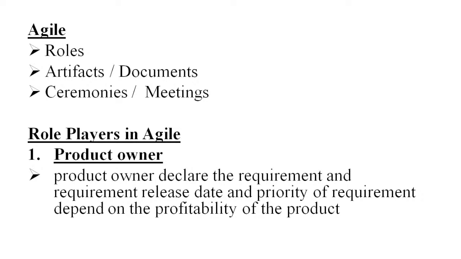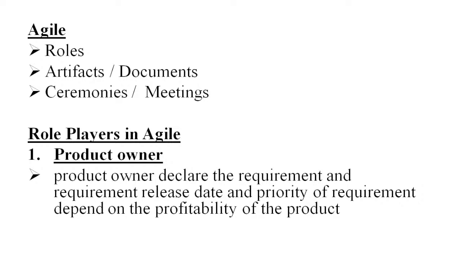The product owner can declare the requirement, the requirement release date, meaning when we need to release that requirement, and the priority of the requirement. The priority mainly depends on the profitability of the product. So they can declare these three things.